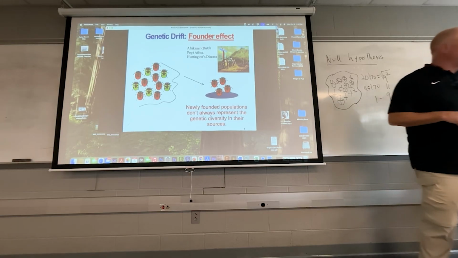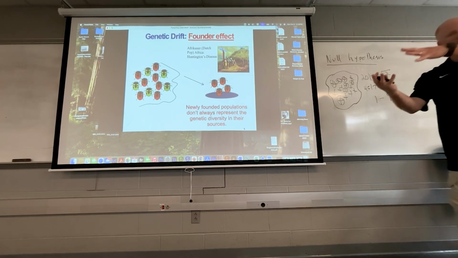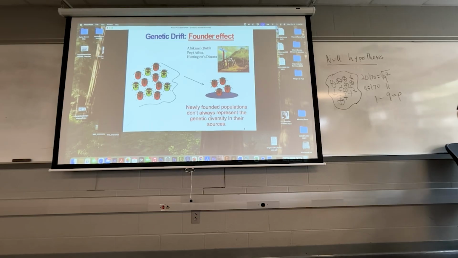Another way this can happen, which happens pretty naturally, is what's called the founder effect. It's when you have this huge population and a few of them decide to leave and form a new colony, right? So this happens a lot. You get a big population somewhere and it gets really, really crowded, and then a few of the more adventurous in that population leave, and they go try to form a new colony.